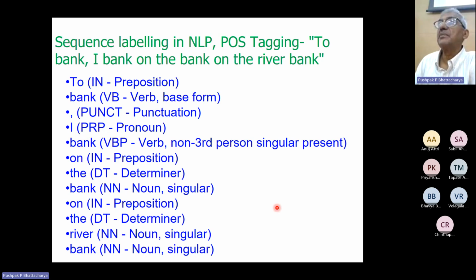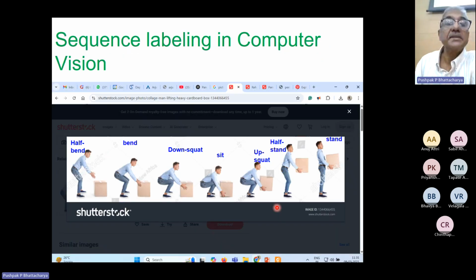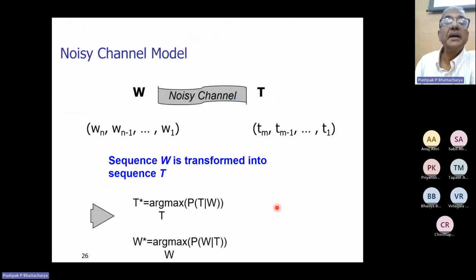So we have taken one example from vision, one from the language side. Now we need some preliminaries. The preliminary is what is called the noisy channel model. The idea comes from automatic speech recognition. In automatic speech recognition, you have the spoken utterance signal coming into the channel, and out comes the words.